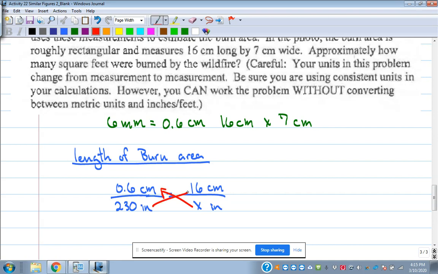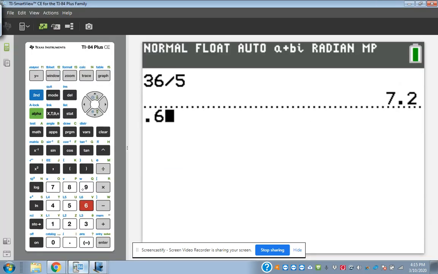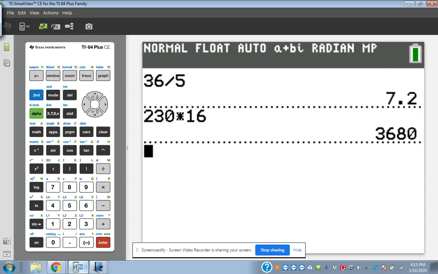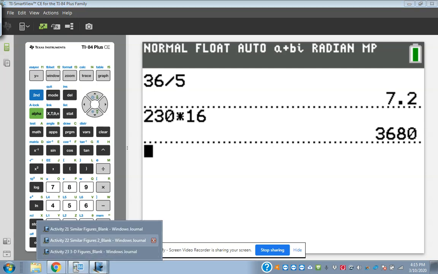And we're just going to solve that. Cross product. Now everybody knows what 230 times 16 is, right? But in case you don't, I'm going to do it with the calculator, because I don't know what it is either. 3680, of course.